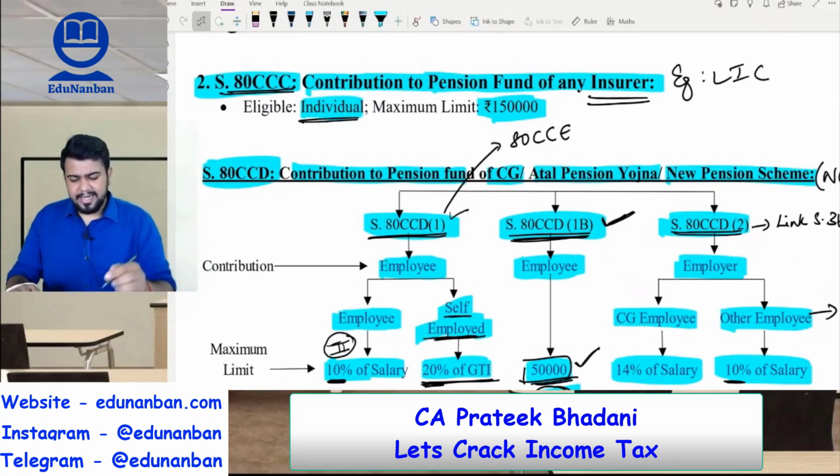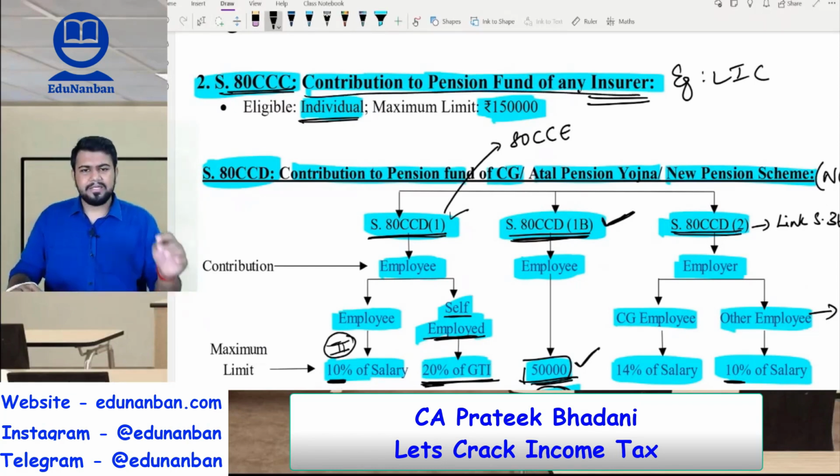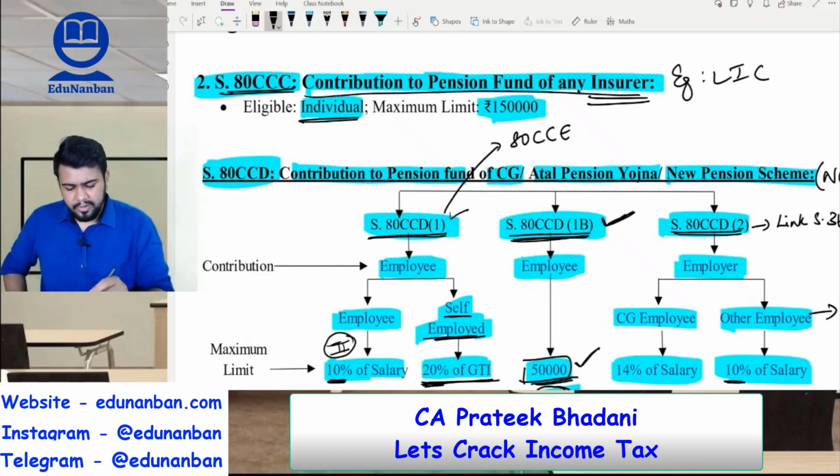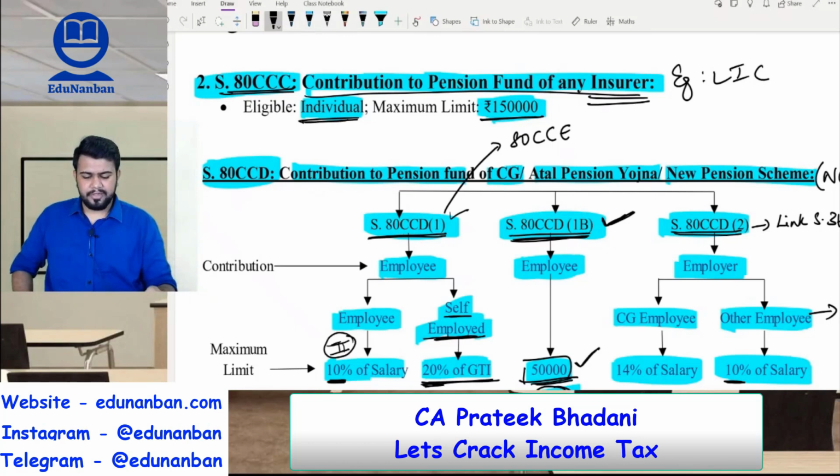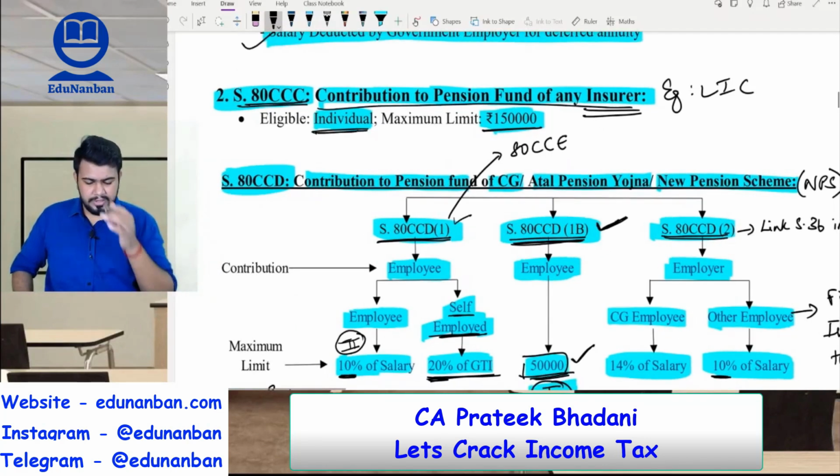Next, section 80CCC, that is contribution to pension fund of any insurer, for example LIC. So if a person is contributing to the pension fund of any insurance company, then such contribution will be allowed to an individual up to a maximum of 1,50,000.